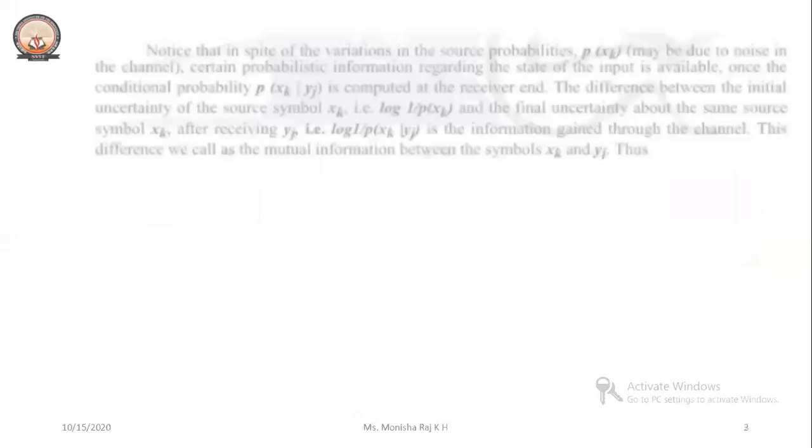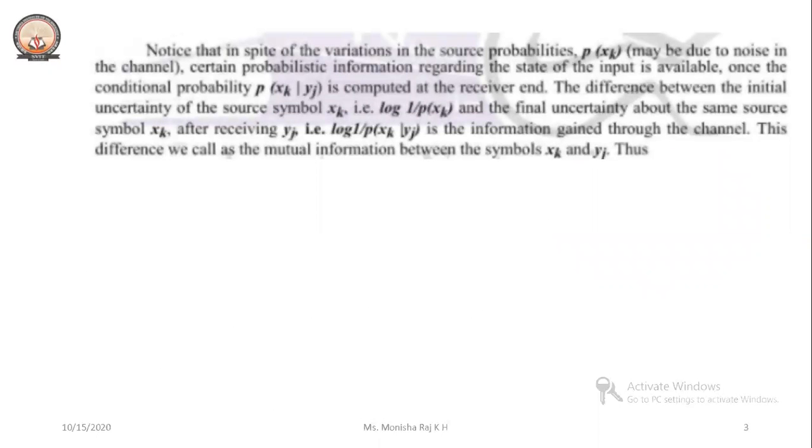Next, notice that in spite of variations in the source probabilities P(xk), maybe due to the noise in the channel, certain probabilistic information regarding the state of the input is available once the conditional probability P(xk|yj) is computed at the receiver end.